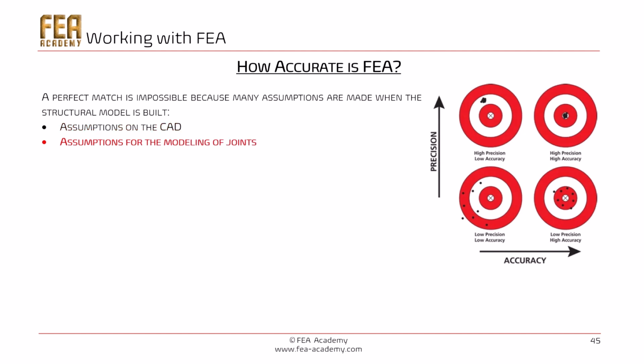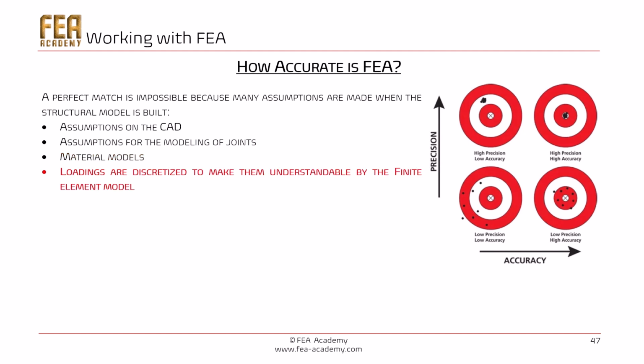Also, assumptions are made for the modeling of the joints. What is a joint? It is how we attach the different components of the structure. But also, we have to select a material model in order to represent the material of the structure. The raw loading also is discretized to make it understandable by the finite element model.